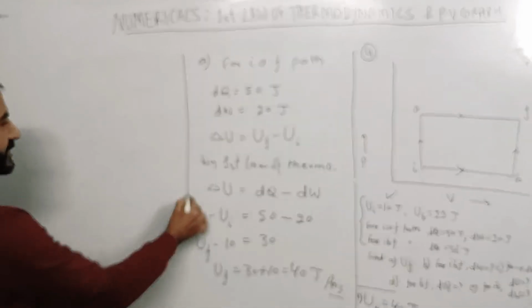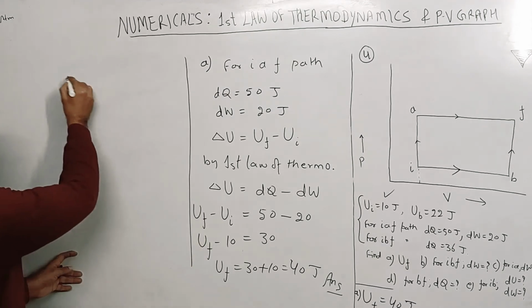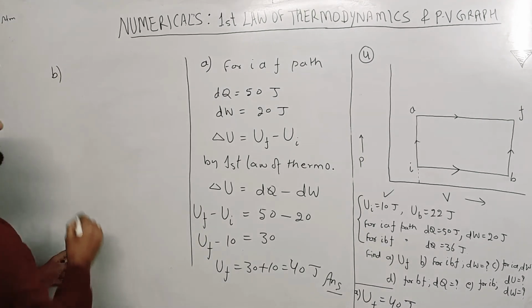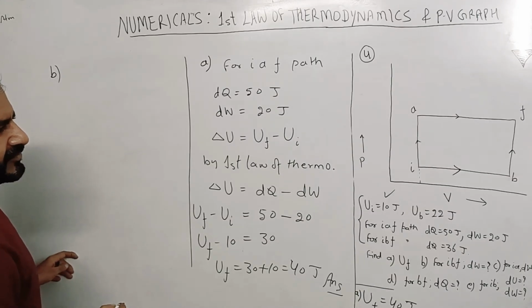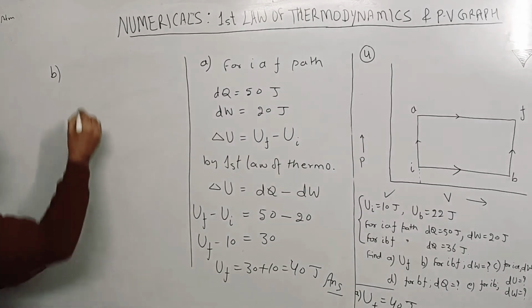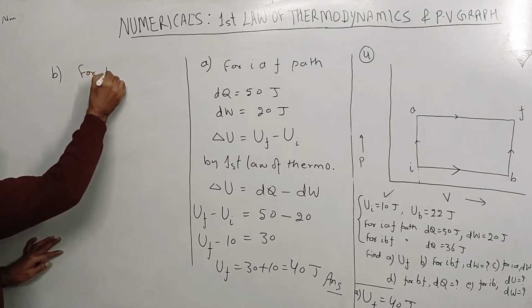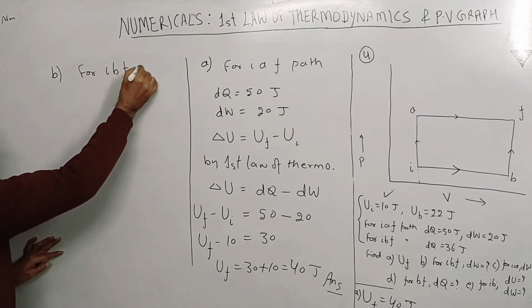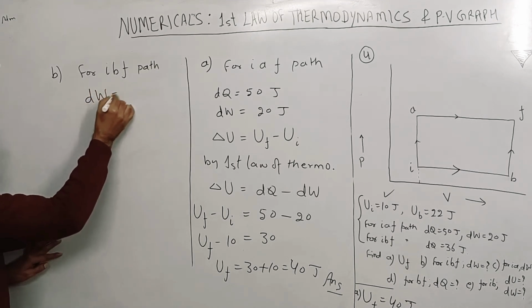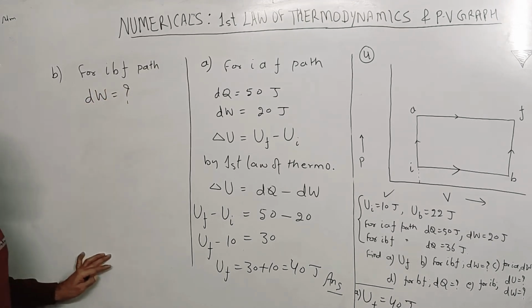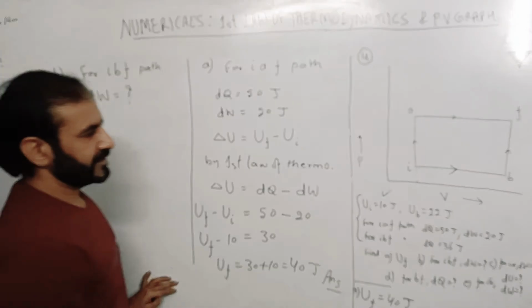Now B part. In B part, you have to find dW for the IBF path. For the IBF path, dW is to be found.